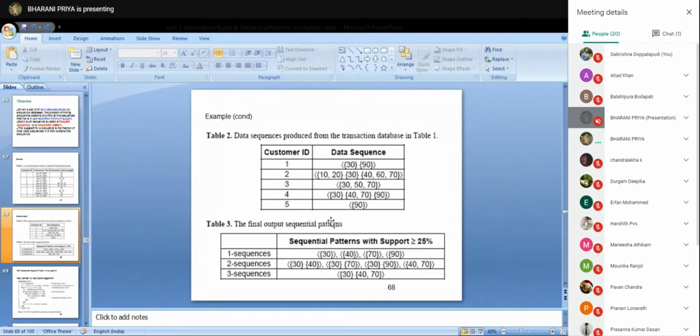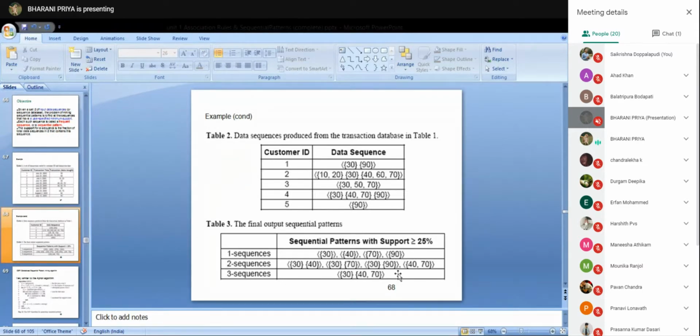Next, the third sequence, 30, 40, 70. We are including 30, 40, 70. 30, 40, 90 does not satisfy the minimum support. Tell me, can I include 40, 30, 90?